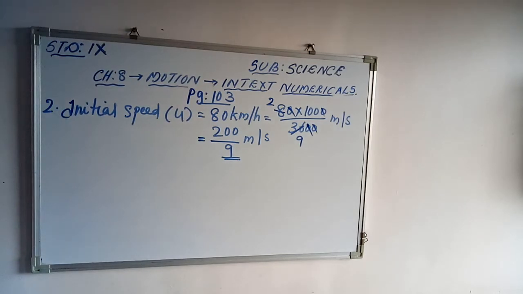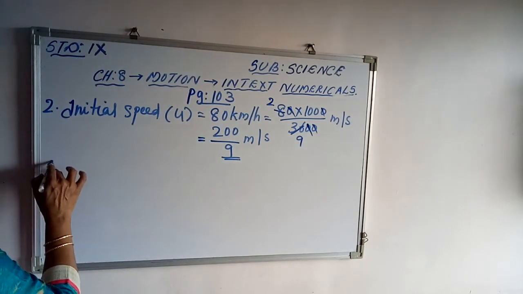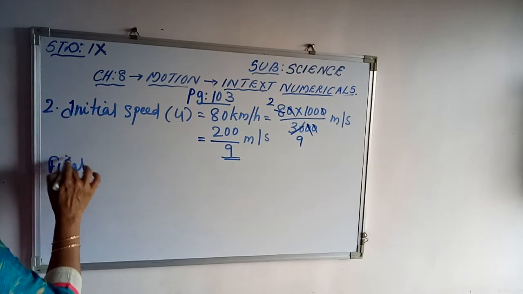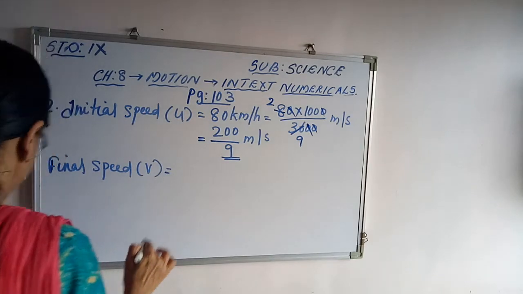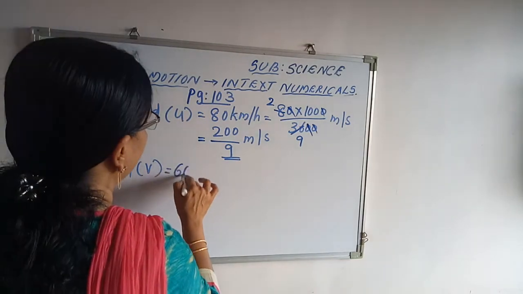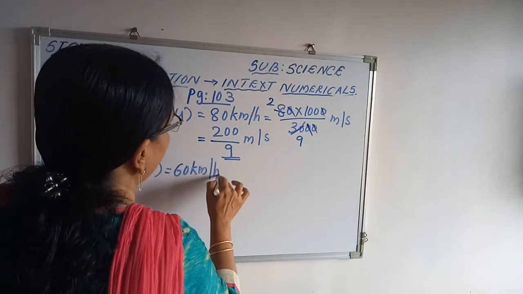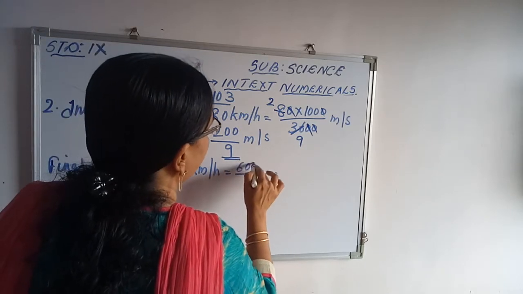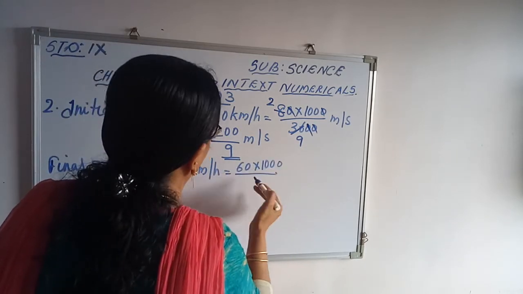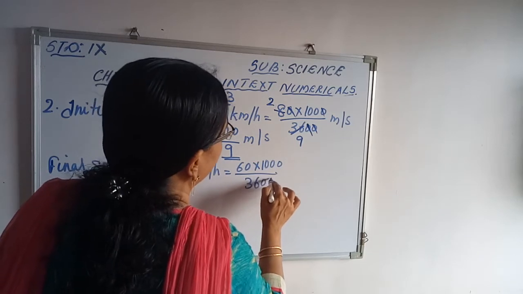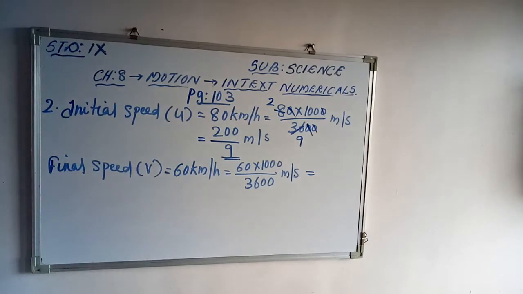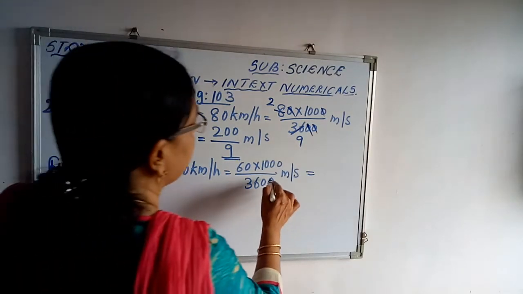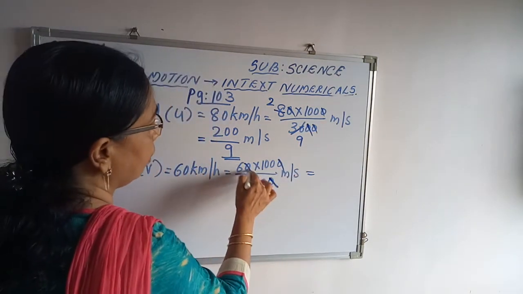Now what is given then? Final speed, that is V. Final speed of the bus, that is V, is equal to how much? It is 60 km per hour, that's equal to 60 multiplied by 1000 upon 3600 meter per second. Find out the answer then. Simplify the same method. 0 0 gets cancelled.